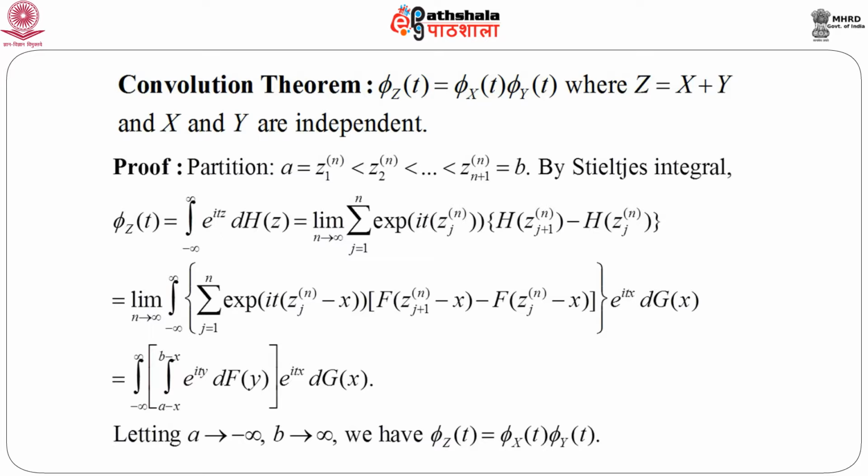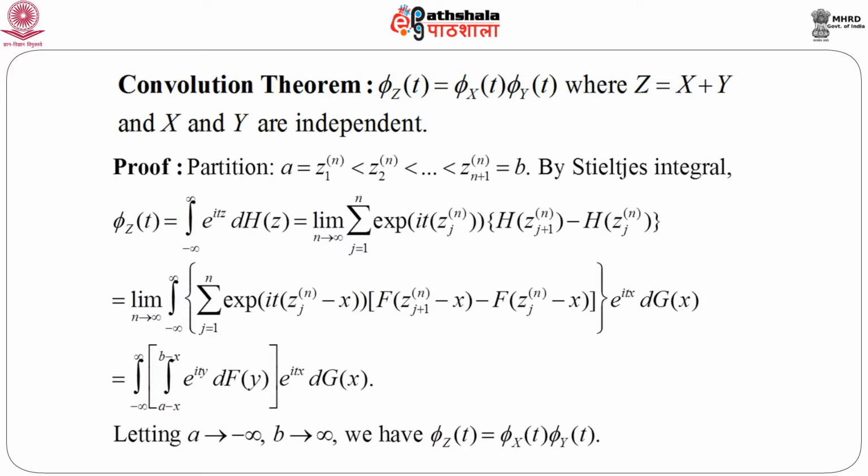Which equals, we can immediately write, this summation of this quantity F(z_j^(n) minus x), and we integrate this entire quantity by e^(itx) dG(x). Now, that means basically we are introducing this x inside. We multiply this quantity by e^(-itx), and we adjust it with e^(itx). And what is this x? x should run for every x belonging to the real line.